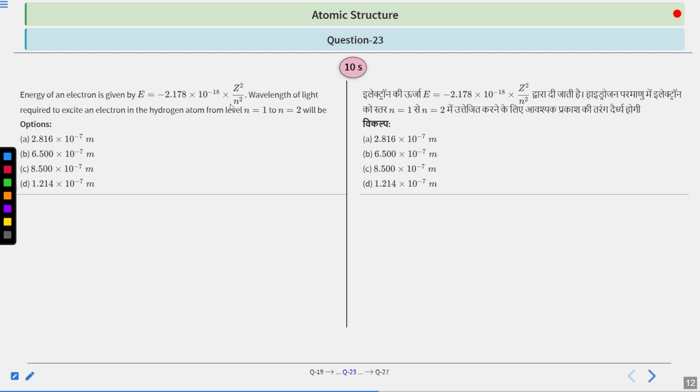The wavelength of light required to excite an electron in the hydrogen atom from level n is equal to 1 to n is equal to 2 will be: options are A 2.816 into 10 to the power minus 7 meter, option B 6.500 into 10 to the power minus 7 meter, option C 8.500 into 10 to the power minus 7 meter, and option D 1.214 into 10 to the power minus 7 meter. You have 10 seconds to solve this question. Your time starts now.